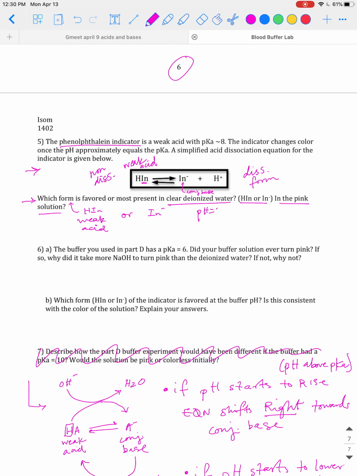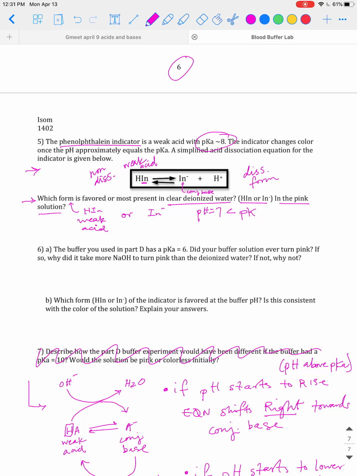For clear deionized water, you need to ask yourself, what is the pH of clear deionized water? pH equals 7, right? In the pink solution, what was the pH? You may not know exactly, but you could guess that it was higher or lower than 7. Then ask yourself how that compares to the pKa.